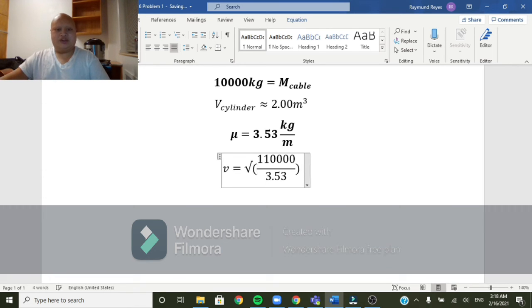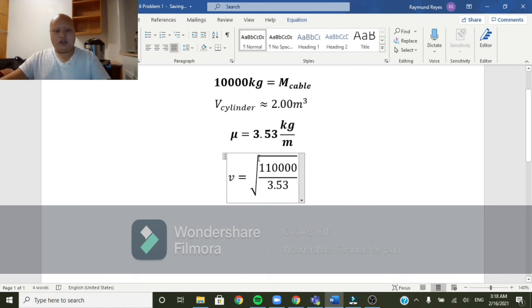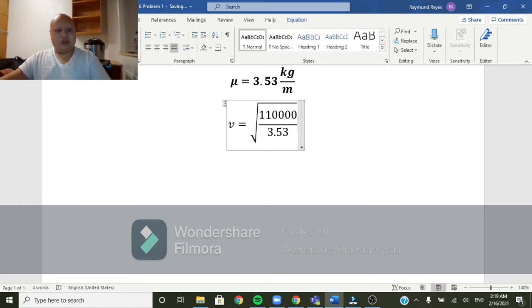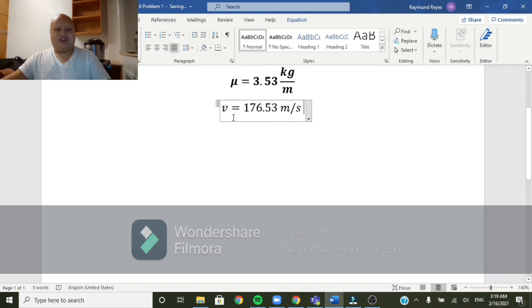The 110,000 newtons is the force of the tension, and it's being divided by the linear mass density that we just calculated earlier. If you do this right, the velocity would be 176.53 meters per second. You guys probably got a different answer, but that's what I got, and I'm barely right.